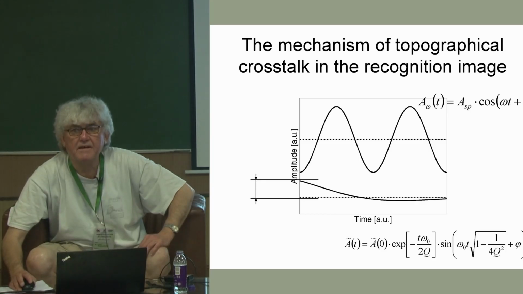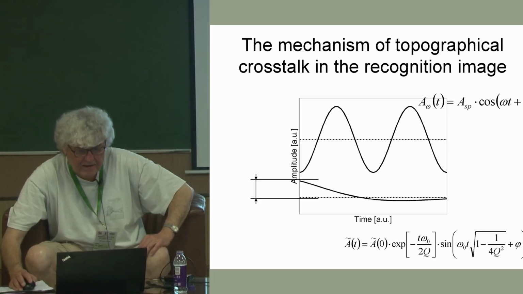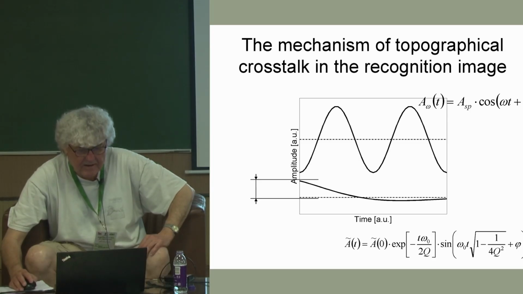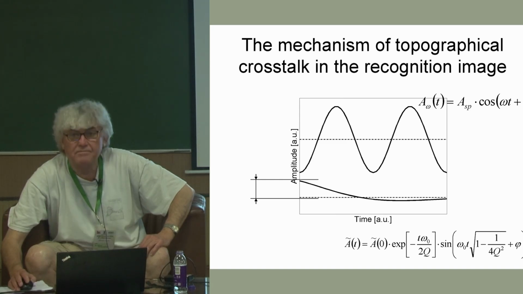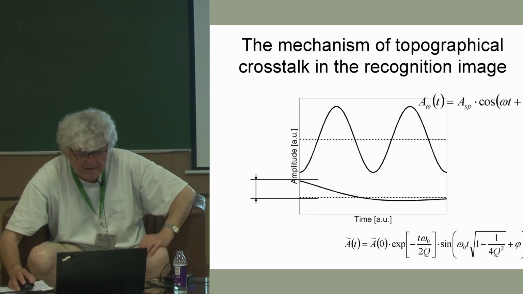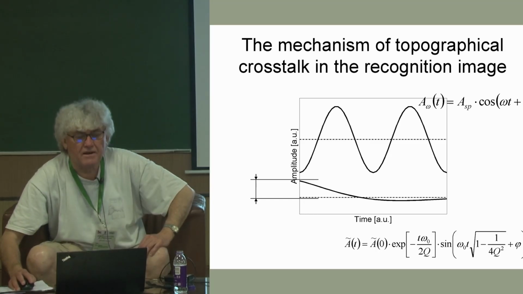So here we have topography. We detect topography with the downstrokes. We excite the cantilever, and the information gets lost exponentially. But here we detect the recognition. And what we see here is that the information is not completely lost when we detect the recognition.